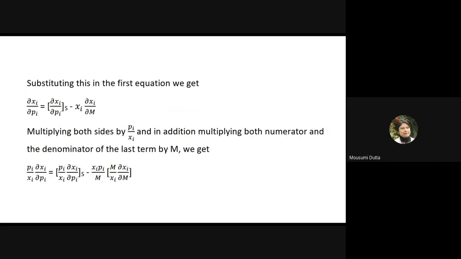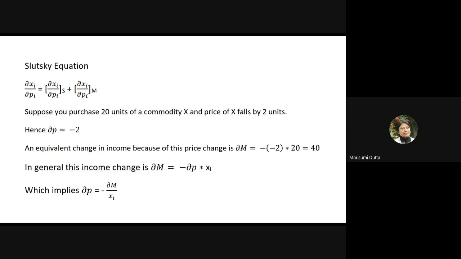Ma'am, in the previous slide, del P is equal to minus del M by Xi. And we are putting this equation in the Slutsky equation. Then after putting it, where is that capital M, ma'am? I got a bit confused. Okay. This part is not required at all. Now here what I have done, in every part I have used the same notation, del xi by del pi.